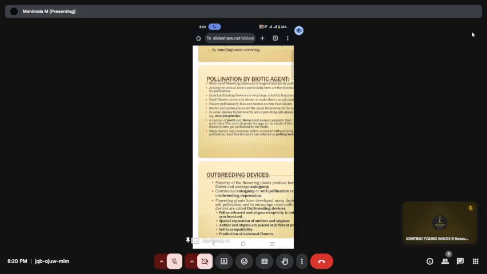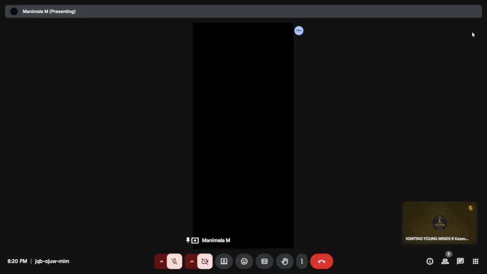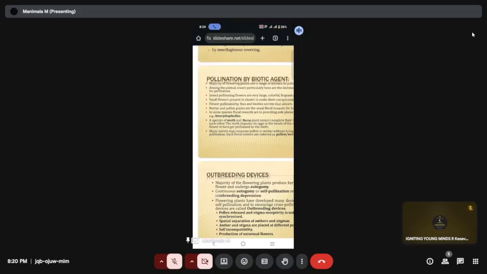Okay, it should have some very good characters, for example, very colorful, large, it should have more fragrance and be rich in nectar. Right? Okay, and maximum, most insect pollinated flowers should have landing platforms. Am I correct? அந்த insect உட்கார்றதுக்கு they should have a landing platform, right?